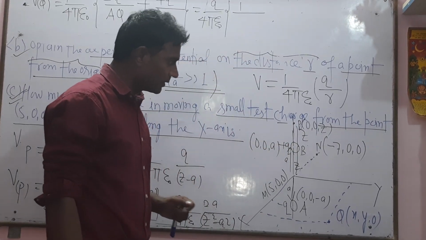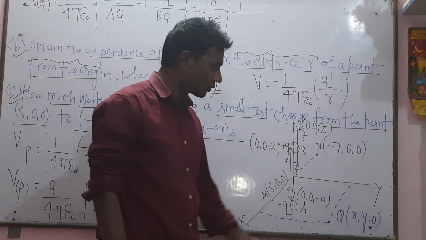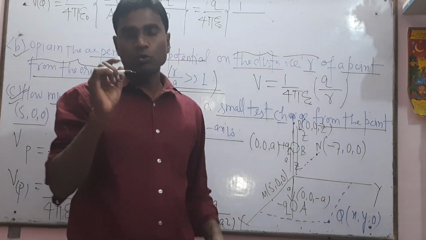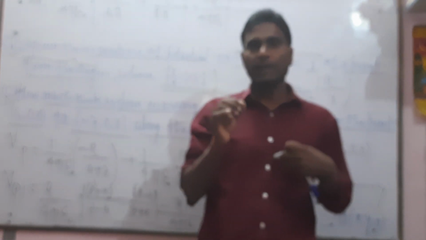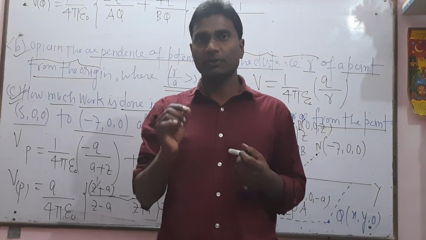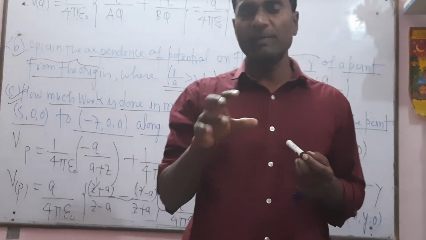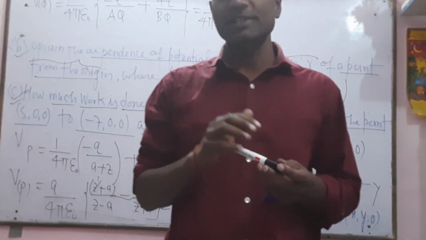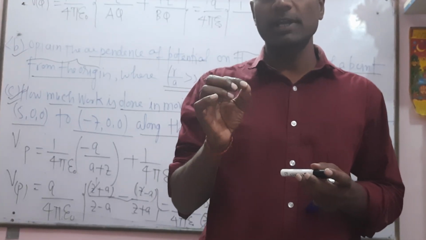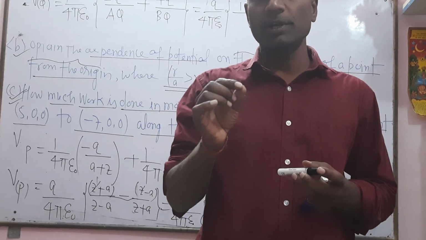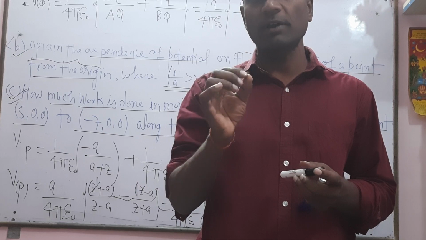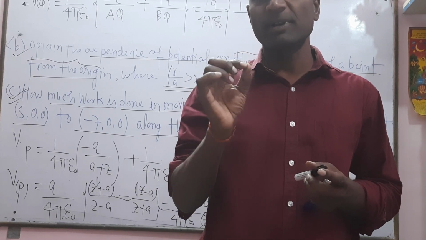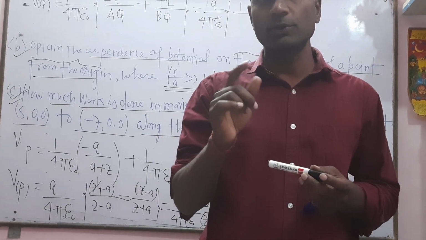So distance between two points, let us suppose x1, y1 and x2, y2, is root of x1 minus x2 whole square plus y1 minus y2 whole square. If three points are given, first point x1, y1, z1 and second point x2, y2, z2, then the distance is root of x1 minus x2 whole square plus y1 minus y2 whole square plus z1 minus z2 whole square.